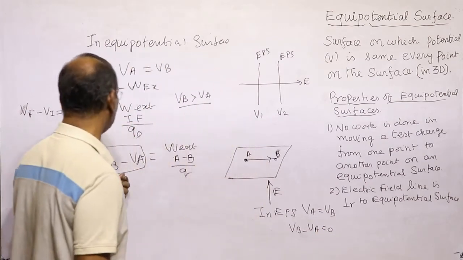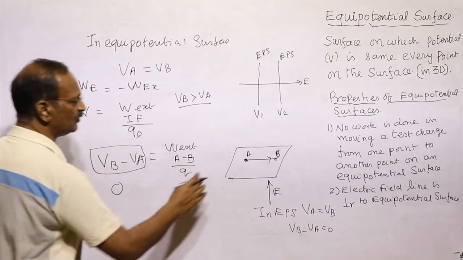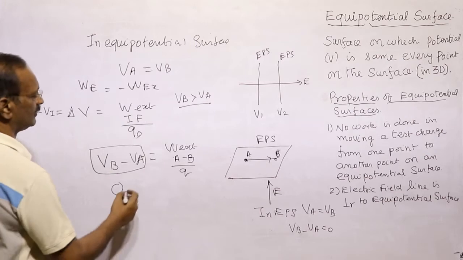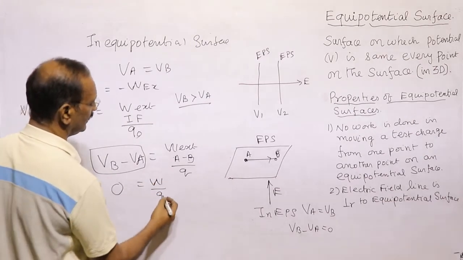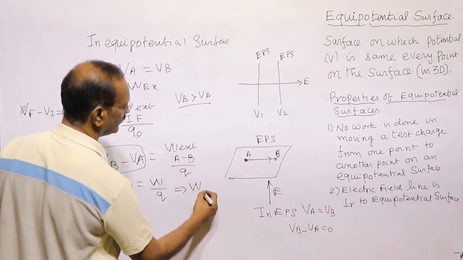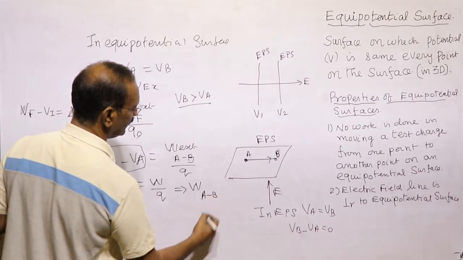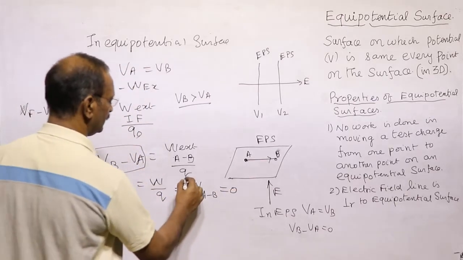This is the potential difference between two points on this equipotential surface. It is equal to 0, which equals work done divided by charge, and charge cannot be 0. It means work done in moving a charge from one point to another point on an equipotential surface is equal to 0. So this is the result.